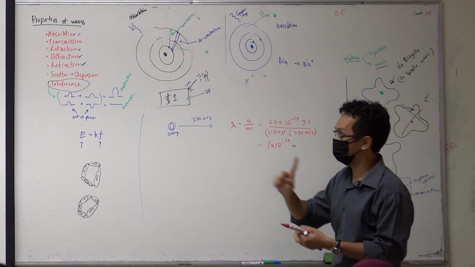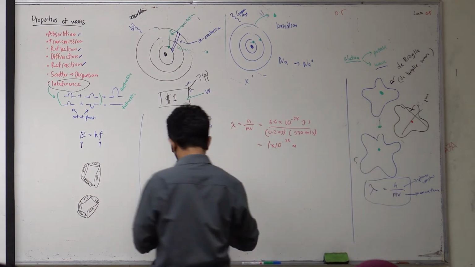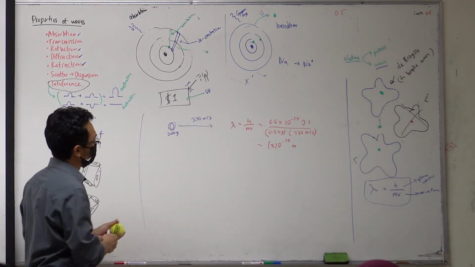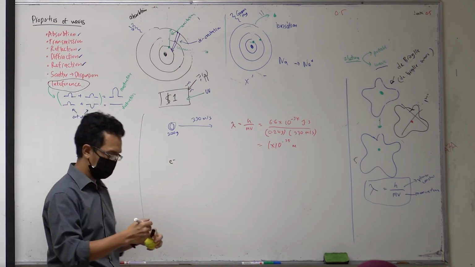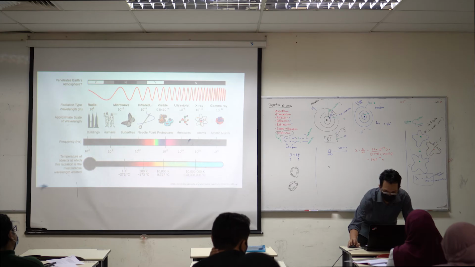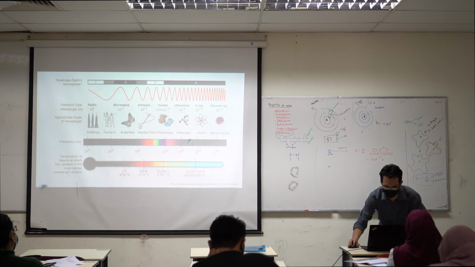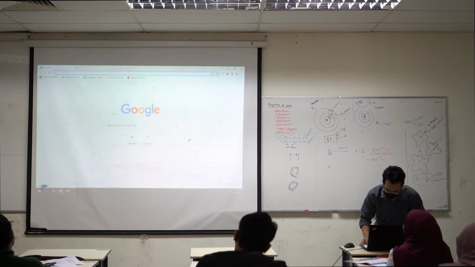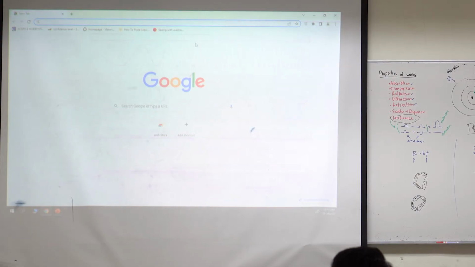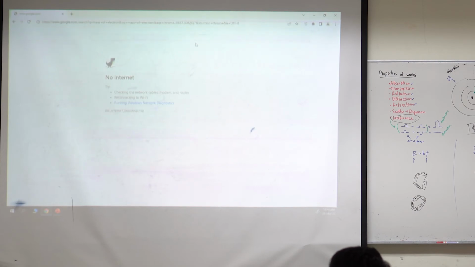But let's see the electron, because we talk about the electron. Let's say the electron has a mass. Mass of electron, because you need to have mass.